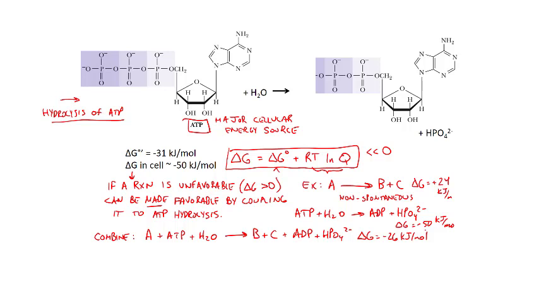So we've made an unfavorable reaction favorable by coupling it to ATP hydrolysis. That's what we mean when we say that ATP is an energy source. It can be used to power unfavorable reactions.